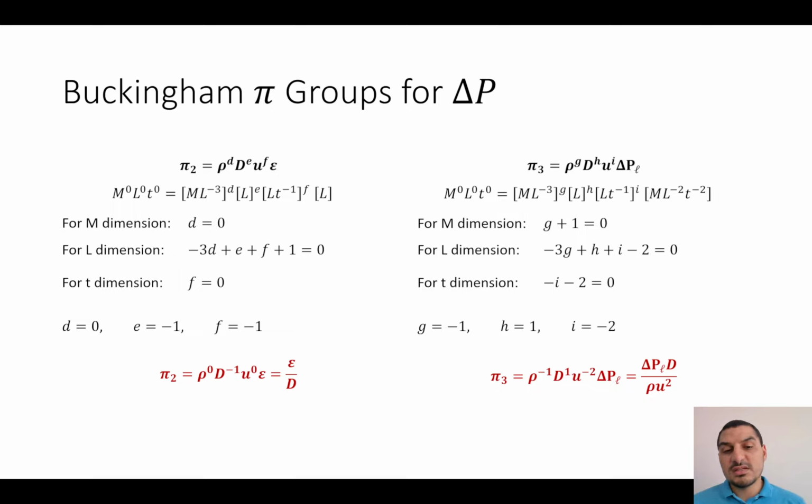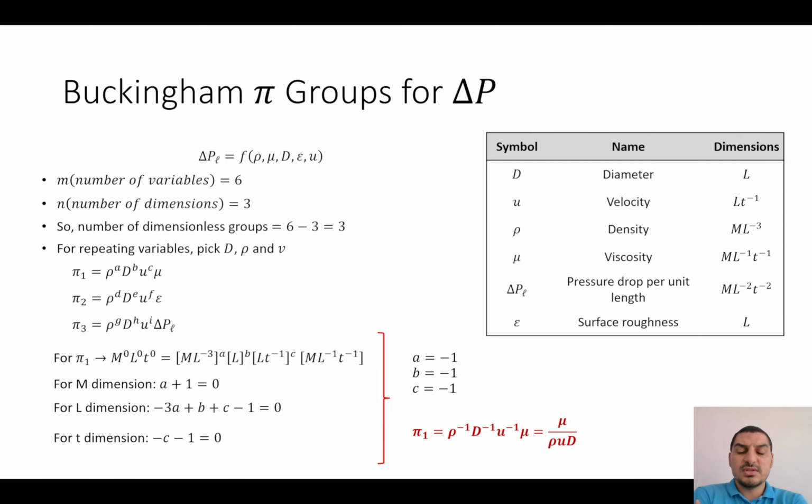There is one thing you need to keep in mind: all these dimensionless groups are dimensionless. Okay, so mu over rho u d has no dimensions, and if you flip it or take the reciprocal, it's going to be rho u d over mu, which is also dimensionless.